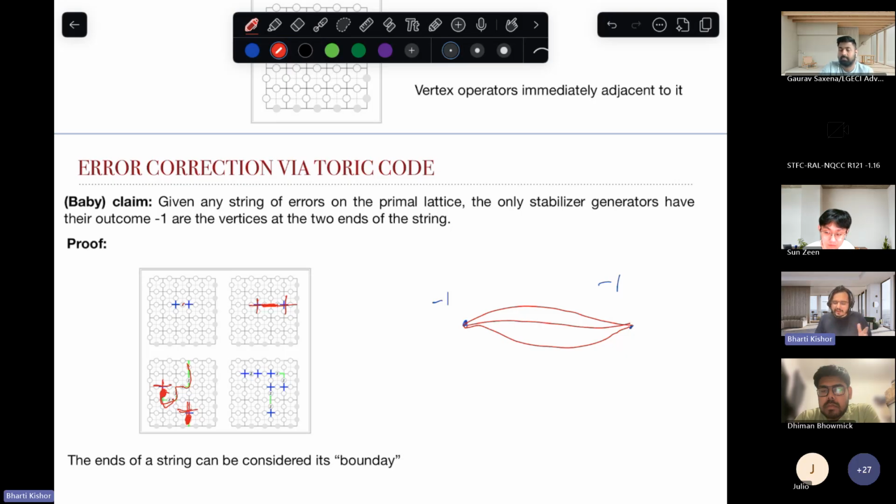So basically you just measure all the stabilizer generators, and those stabilizer generators will give you -1 which are at the end of the string of, let's say, Z errors. So let's say you have a string of Z errors, then the vertex operators at the end will give you the error. And similarly, you can talk about X errors. In that case, the plaquettes at the two ends will give you the error. But we don't need to talk about X, because if you're talking about Z, then the similar analysis you can do for the dual lattice, and everything will follow.